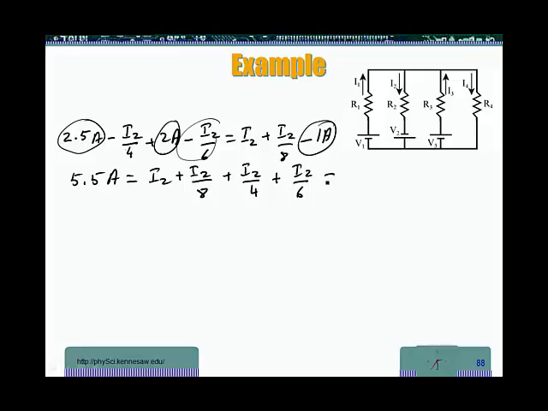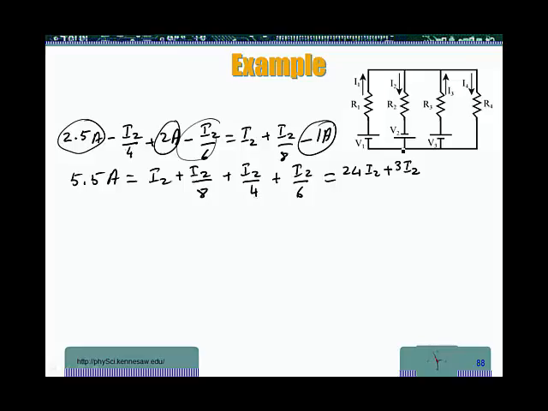Now try to get these in the same denominator. I have 4, 6, 8, so it looks like my best bet is 24, so that would be 24 I2 plus, to get to 24 here I have to multiply by 3, so it's 3 I2.